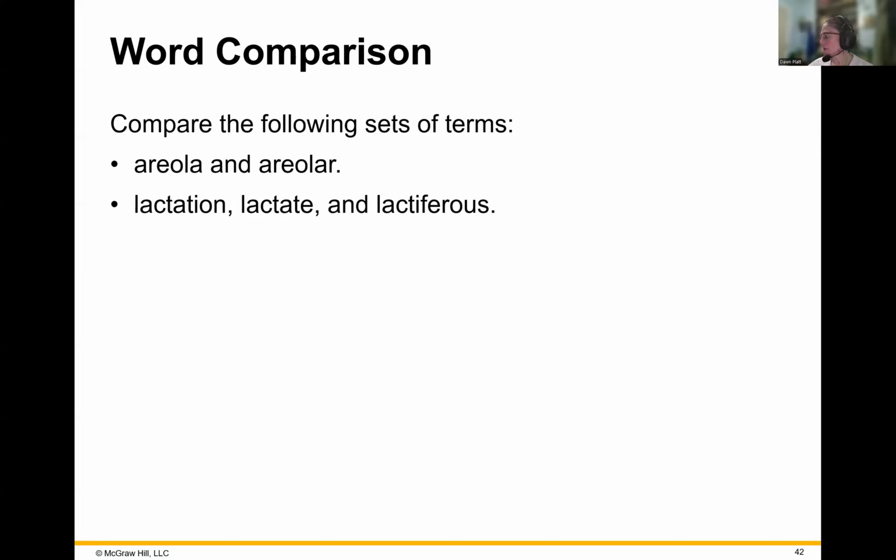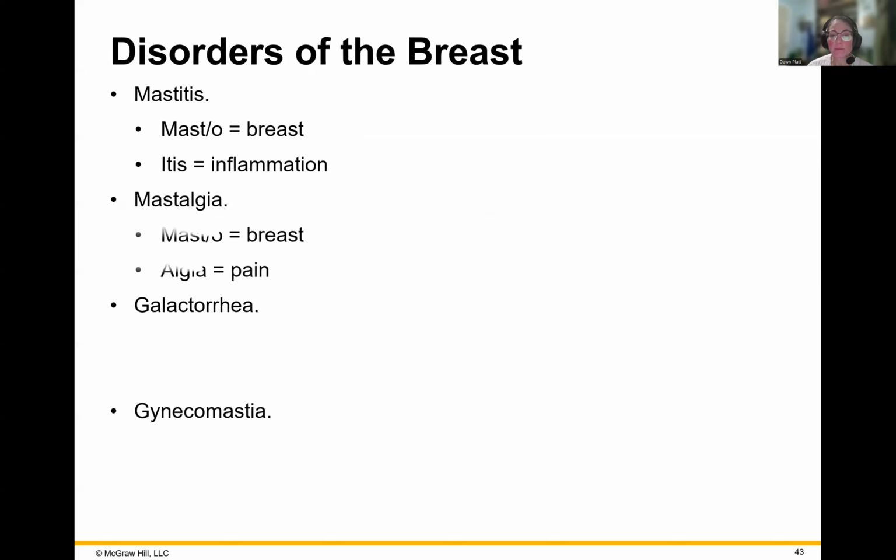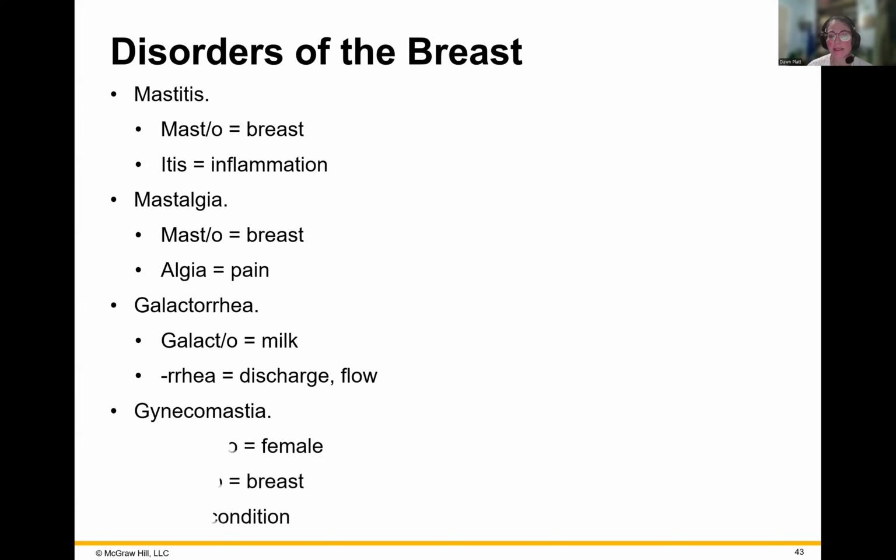Now we have the breast. The breast anatomy and disorders. Disorders of the breast: mastitis, mastalgia, galactorrhea, gynecomastia.